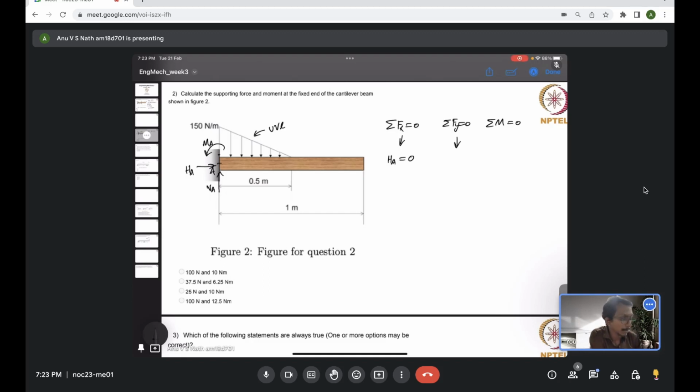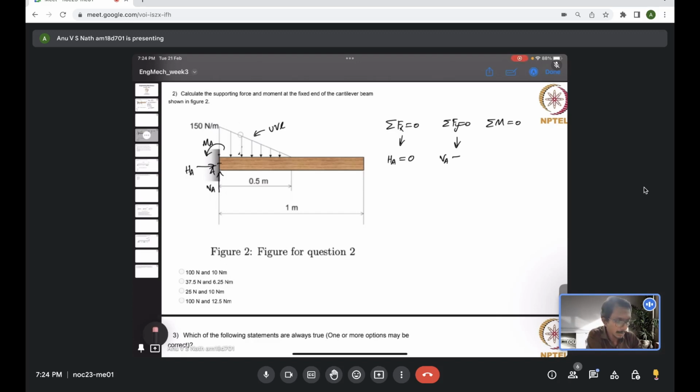For vertical forces, we have VA acting upward at location A, and the UVL acting downward, minus the net force due to the UVL. It's a triangular distribution, so you can just take the area under the triangular load distribution. The UVL is equivalent to a force.